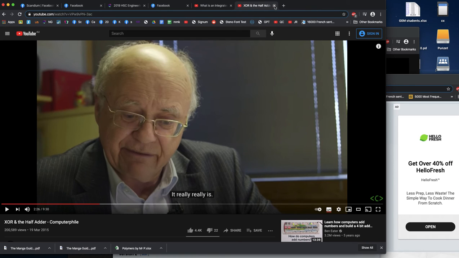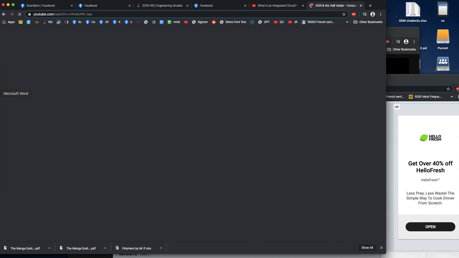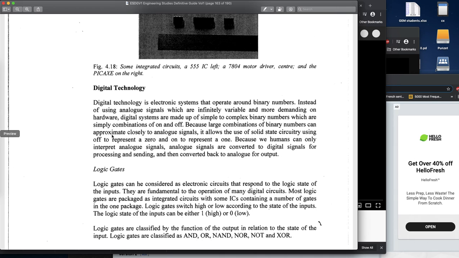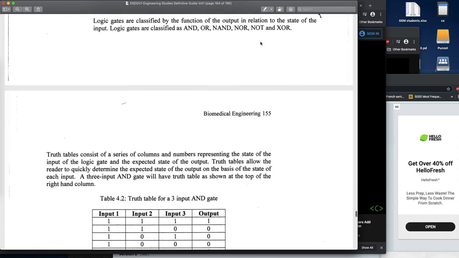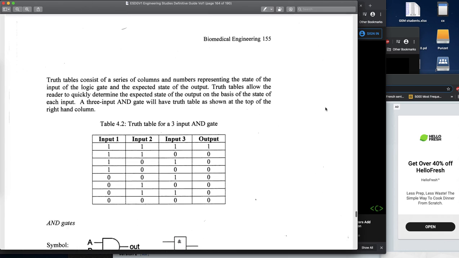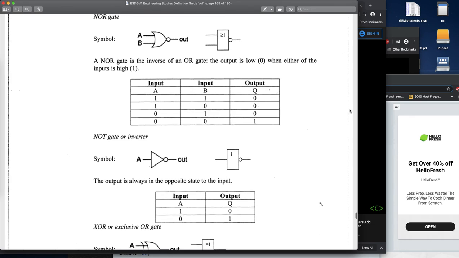I just want to quickly check, we've talked about microcontrollers. In this course, it says we should know AND, OR, NAND, NOR, NOT, and XOR. Technically, on the exam sheet, they don't have NOT and XOR, but the fact that Copeland mentions it, I think makes it worthwhile. We have the truth tables.